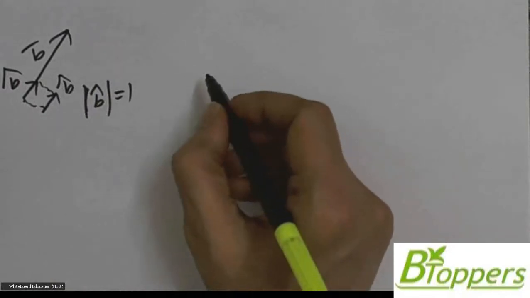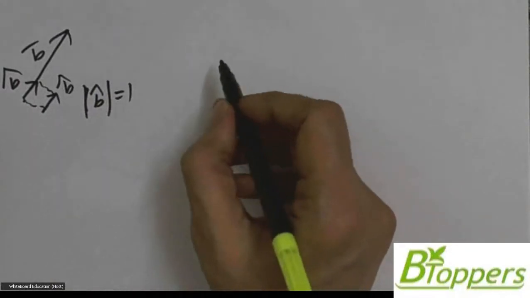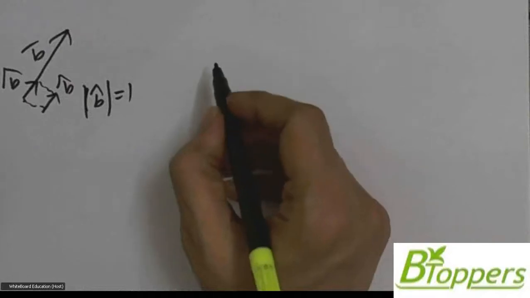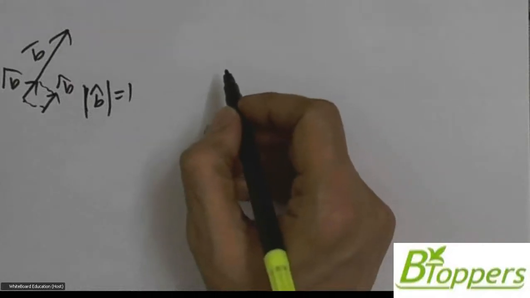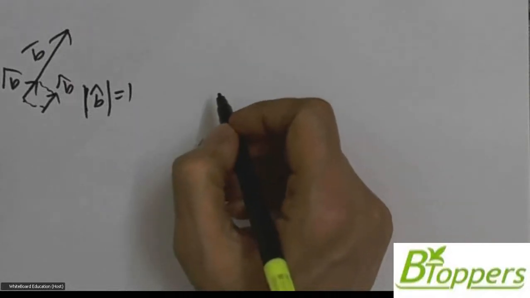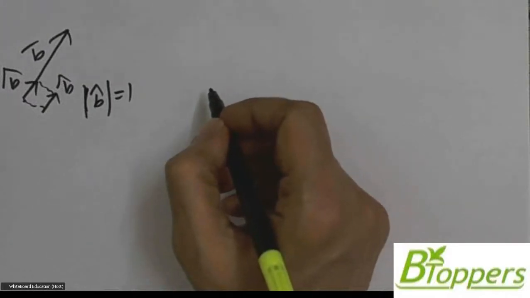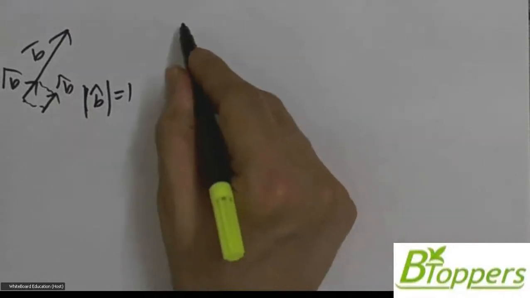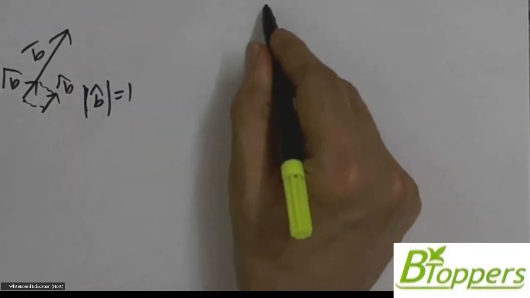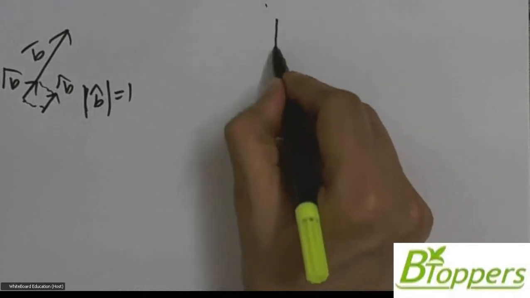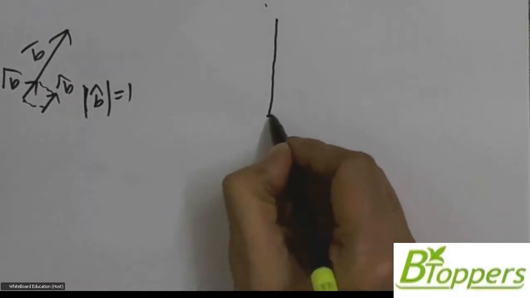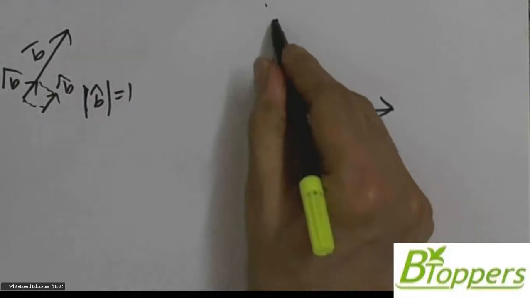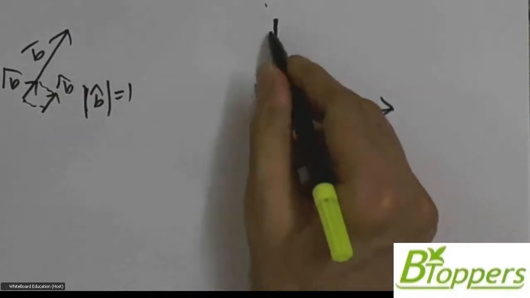Now, in mechanics, to discuss the motion of a particle, we choose a coordinate system. If the motion of the particle is confined to a single plane, then we call it a two-dimensional motion. In that case, we choose two coordinate axes to discuss the motion of the particle.